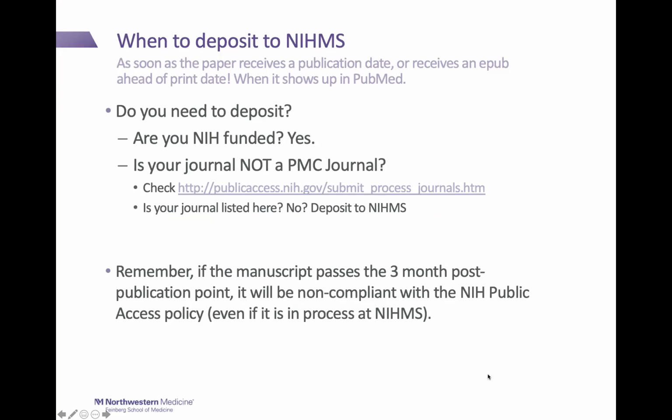No. Then you know it has to get into PubMed Central via NIHMS. That requires some action on behalf of the authors and or the PI or someone acting on their behalf. Again, if it gets too far past the 3-month post-publication date period, it'll be non-compliant with the NIH Public Access Policy and it can withhold funding.